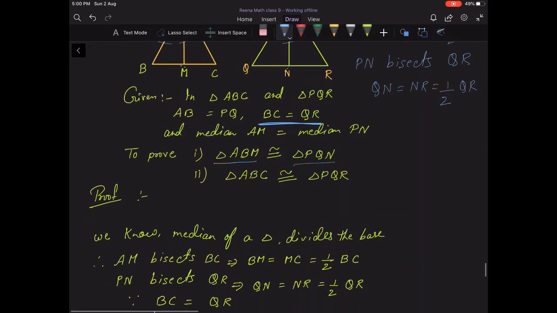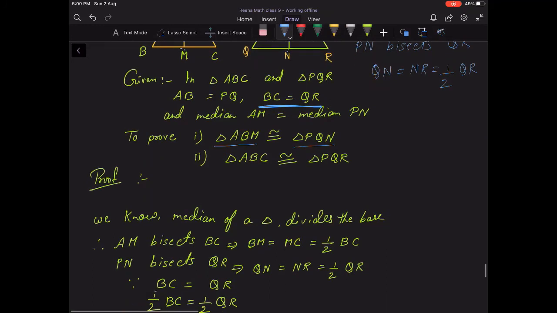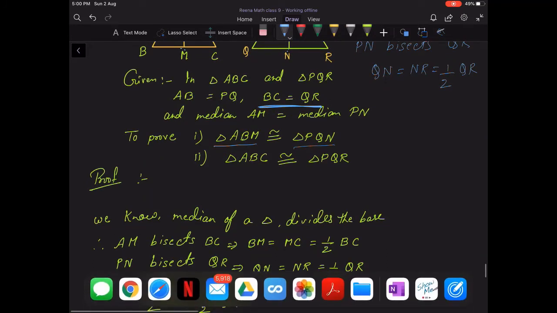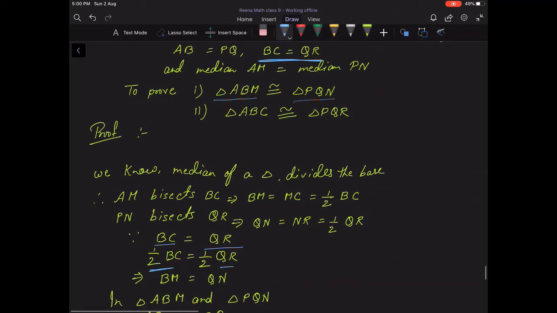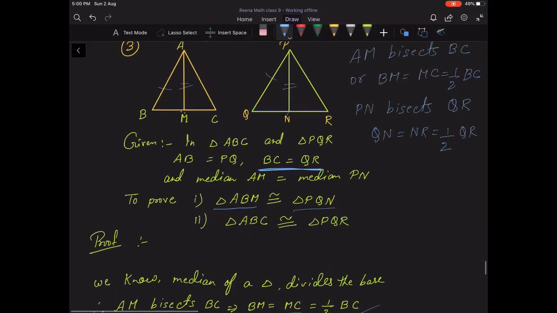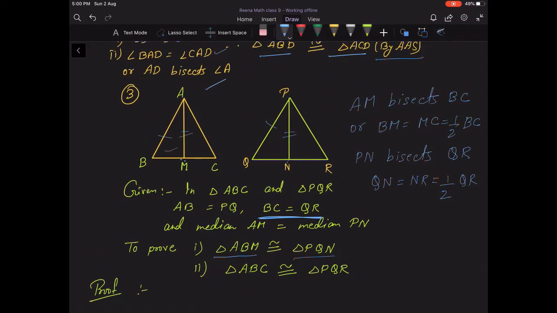So, if BC is equal to QR, half of BC will also be equal to half of QR, or we can say that BM is equal to QN, because BM is equal to MC is equal to half of BC and QN is equal to NR is equal to half of QR. So, see here these two triangles: AB is equal to PQ, AM is equal to PN and BM is equal to QN. Just now we have seen.